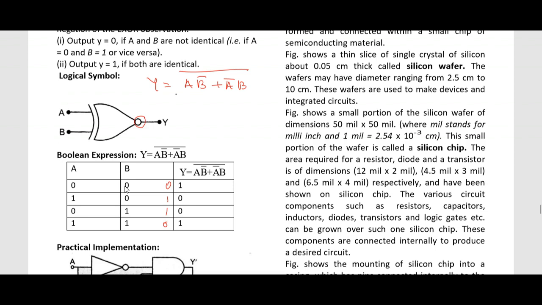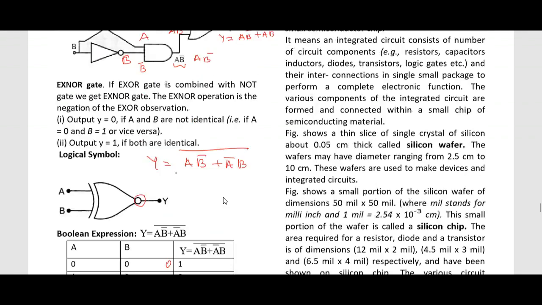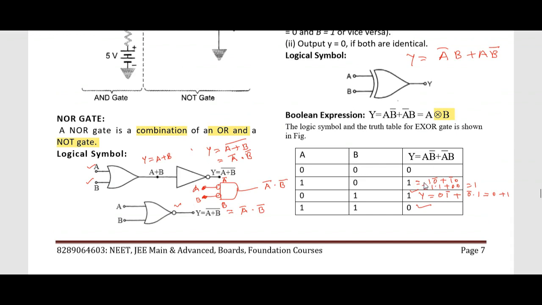So what is important is in previous circuit the output was 1 when inputs were not identical. In this case output is 1 when inputs are identical. Note it down. In exclusive OR gate output was 1 when inputs are not identical. In this segment inputs are not identical and output is 1. When inputs are identical, output is 0.